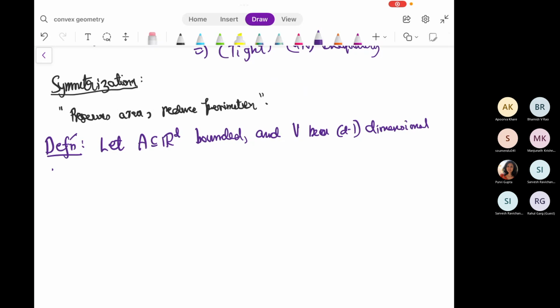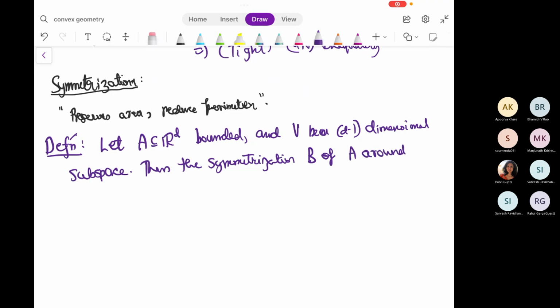It should not be just a hyperplane; it should literally be a subspace, so it should pass through the origin. Then the symmetrization, let's call it B, of A around V is defined as follows.